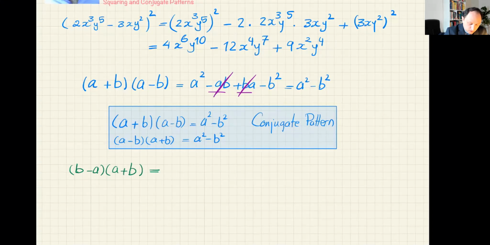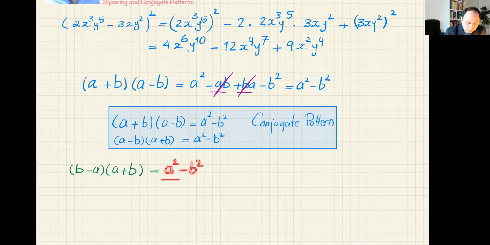First of all, is it a conjugate rule? I would say yes, because I have two numbers, once subtracted, once added, and I am interested in the product. So everything is according to the conjugate pattern.